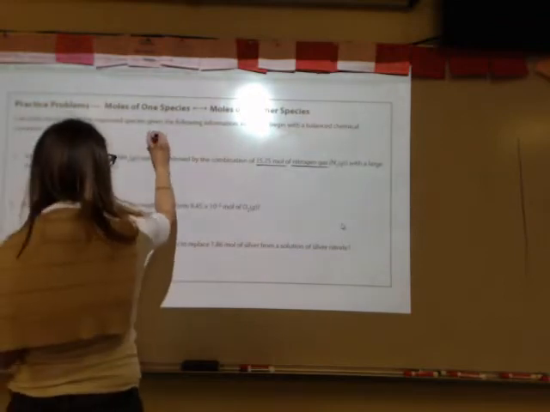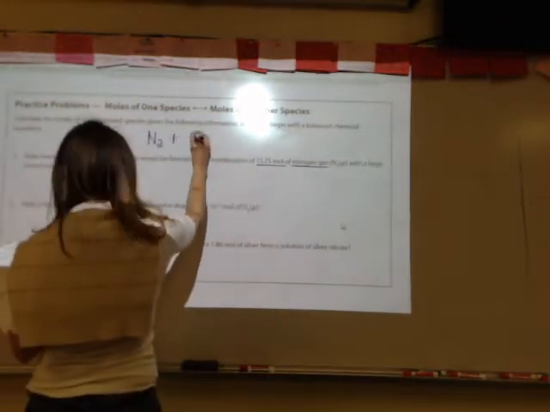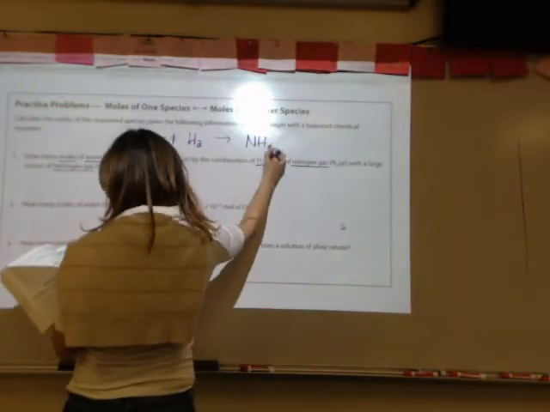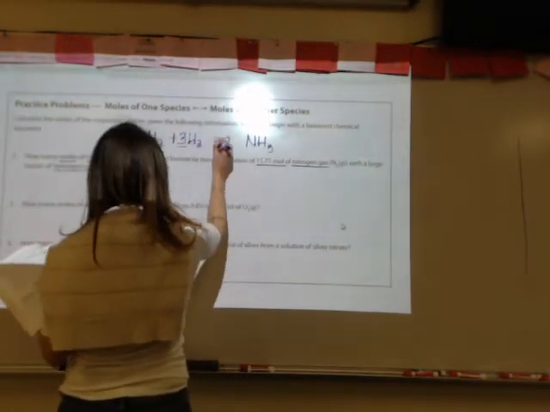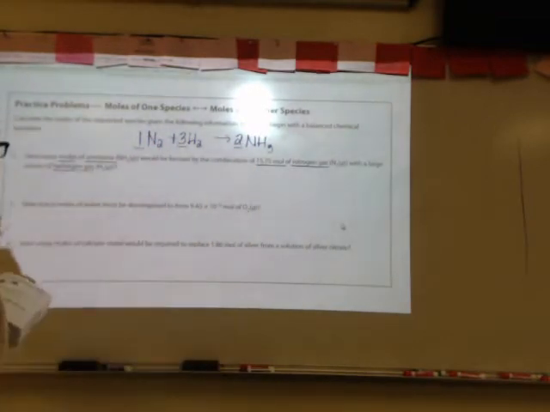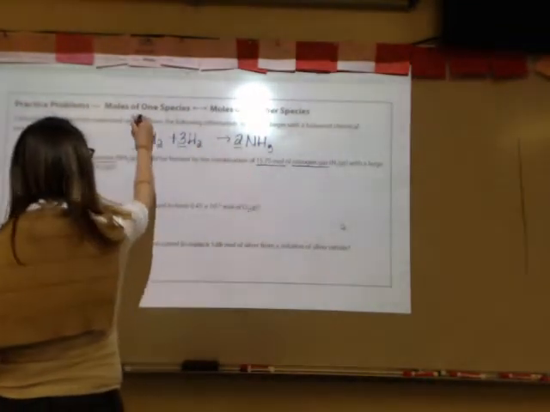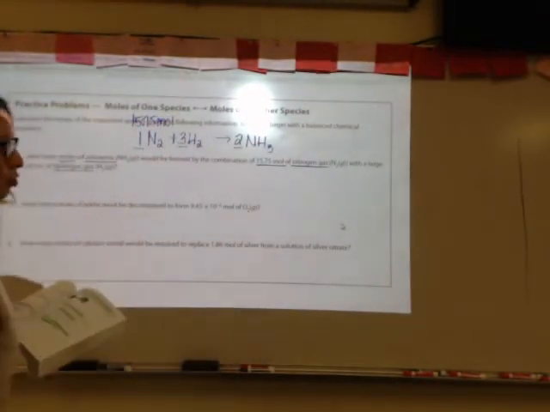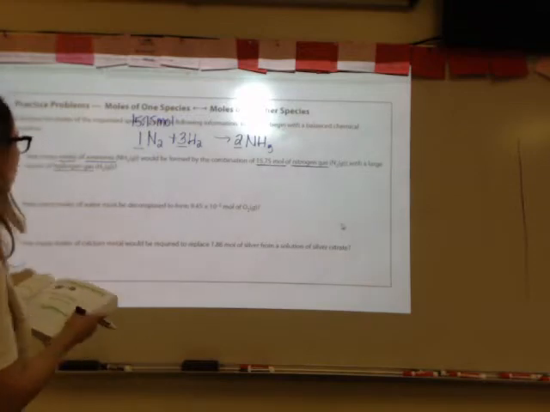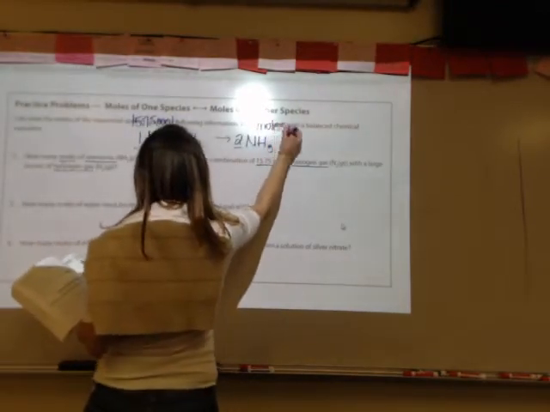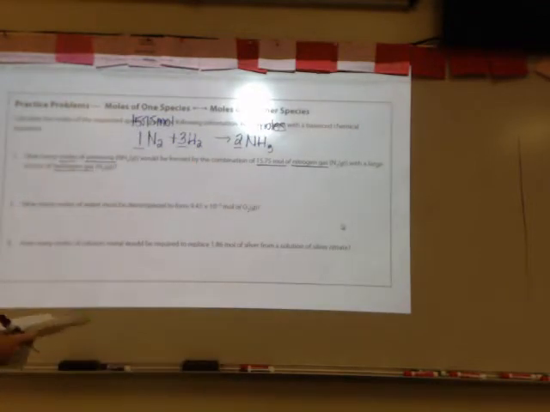So this is nitrogen combining with hydrogen to form ammonia. I'm going to need a 3 in front of H2 and a 2 in front of NH3. So here's my balanced equation. I've got 15.75 moles of nitrogen, so I recommend you put that near nitrogen in the balanced equation so you know where you're starting. And we're looking for moles of ammonia. And we have the hydrogen in excess, which means I have more than enough of it to react.